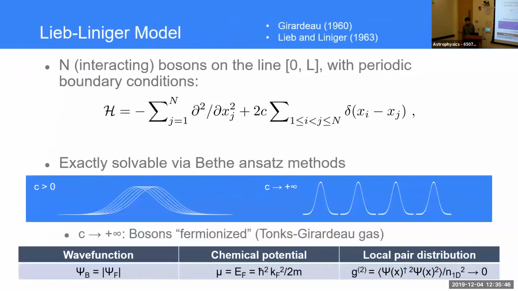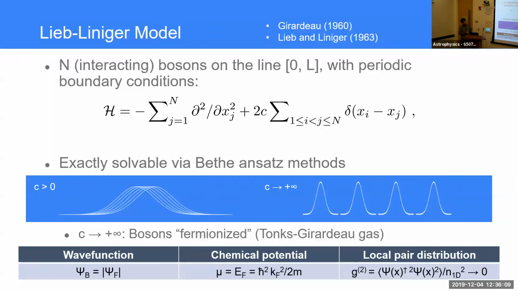Now, let's consider a bare-bones example of the Luttinger liquid, which is the famous Lieb-Liniger model. The setup is the following. We take N interacting bosons and arrange them on a line, and then impose periodic boundary conditions. Our Hamiltonian is shown here. In the first term, we simply have the kinetic energy in 1D.